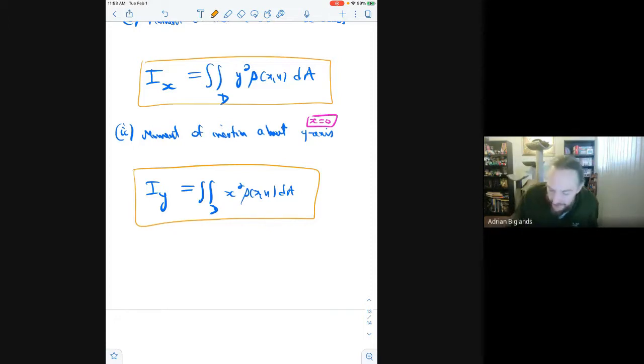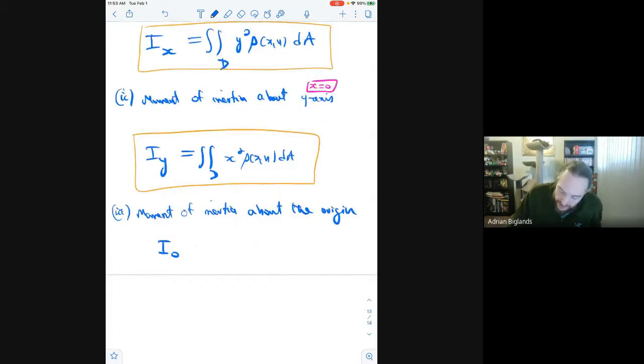And then the third one, the moment of inertia about the origin, they call it, is going to be I0, which is Ix plus Iy.